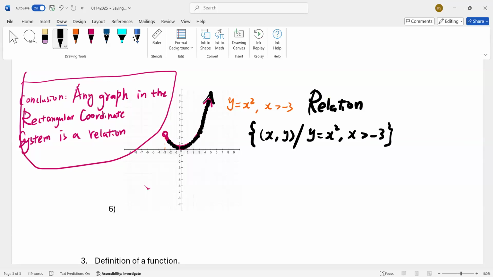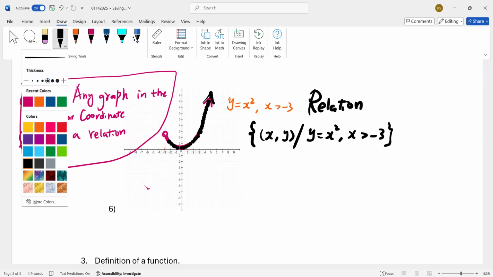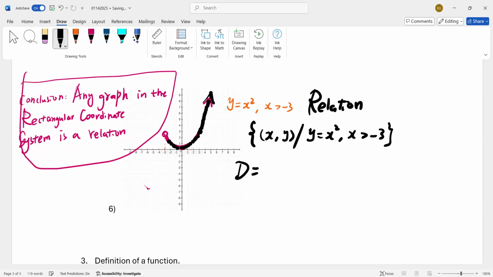and we need to find the domain and range for the relation. Use the trick. Let's look at the domain. To find the domain of the graph, we look at the graph horizontally, to see if the graph has a boundary from the left. Does the graph have a boundary from the left?